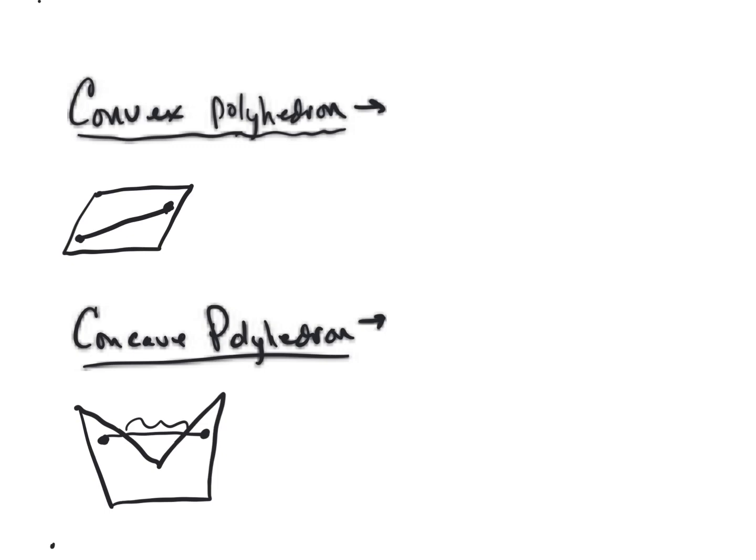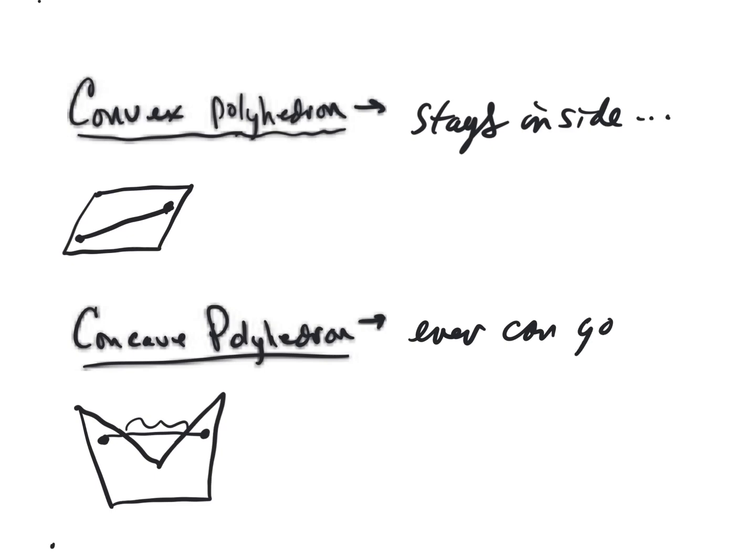If the connecting line stays inside of the shape, it's called convex. But if it ever can go outside of the shape, then it's called concave. So if it stays inside, convex. If it goes outside, if it can possibly go outside, then it's called concave.